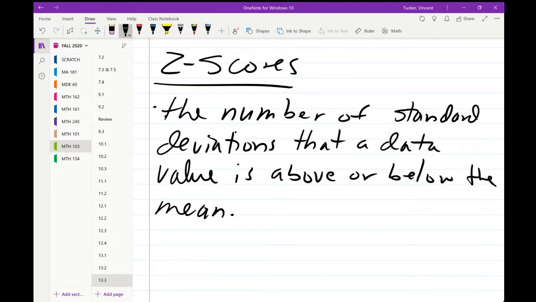Your z-scores are going to represent the number of standard deviations that a data value is above or below the mean. So if it's above the mean, then your value will be positive. If it's below the mean, then your z-score would be negative.